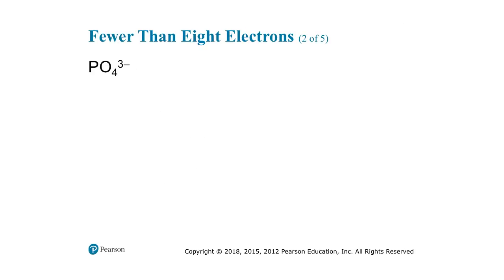Now, what about phosphate? Now, phosphate, I don't think it actually goes to this title. We're going to be considering more than 8 on this slide here. So for phosphorus, 5 valence electrons, 4 times 6 for oxygen, plus 3 for the charge, gives a total of 32 electrons.